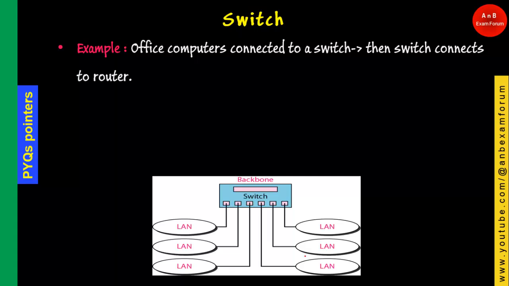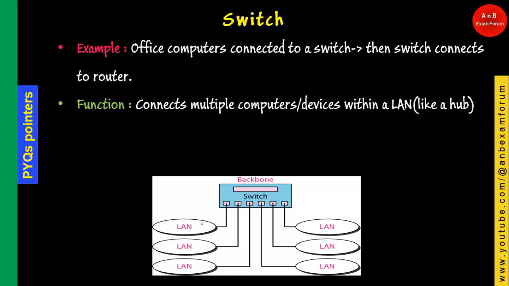It is going to connect multiple LANs, in fact in the order of 10 to 12. And as I told you, it is going to connect multiple devices within a LAN. It is like a hub. So a hub is used to connect independent devices, whereas a switch is used to connect the LAN.